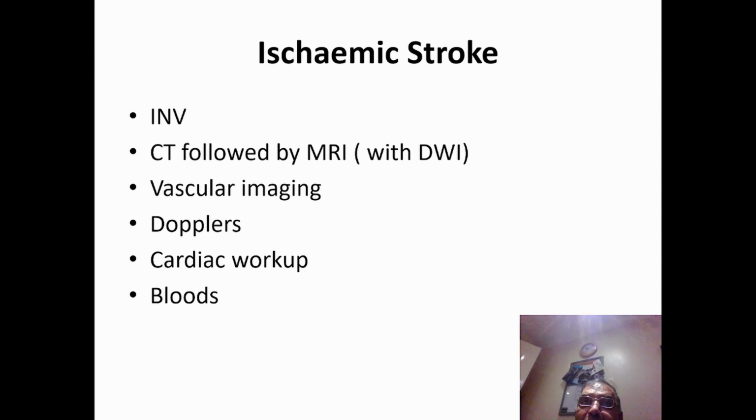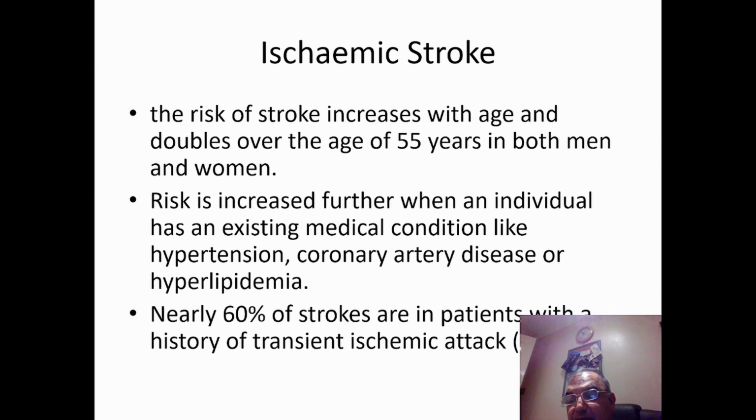And of course, bloods are done to basically look for secondary vascular risk factors which are associated with cerebral vascular disease, especially diabetes, bleeding disorders, etc. And thereafter, the patient is offered treatment as appropriate.